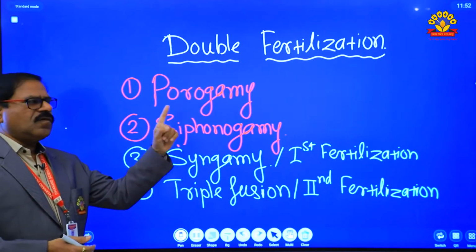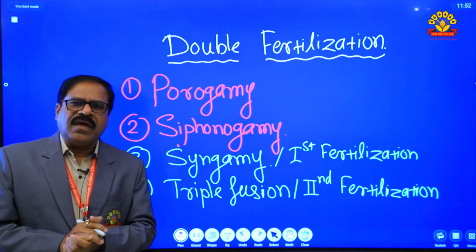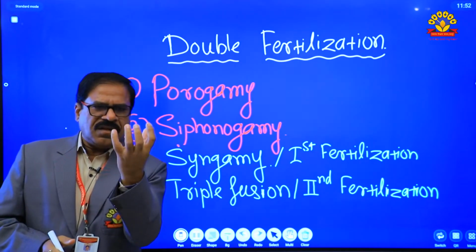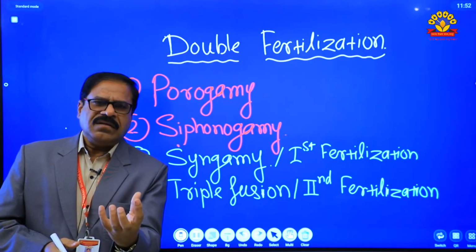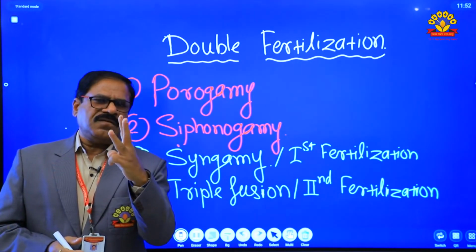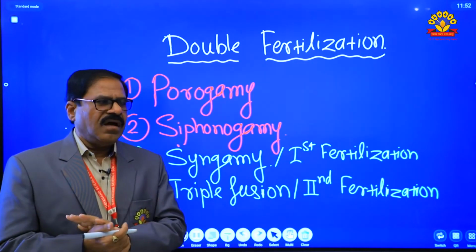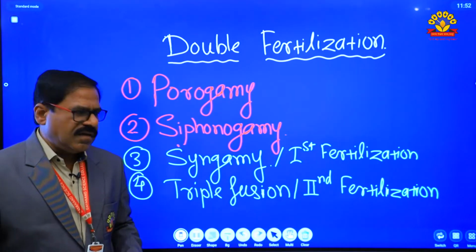Actually, the process of fertilization starts from the first step, which is known as porogamy, because in the gynoecium or carpel there are three main parts. One part is known as stigma, another part is known as style.